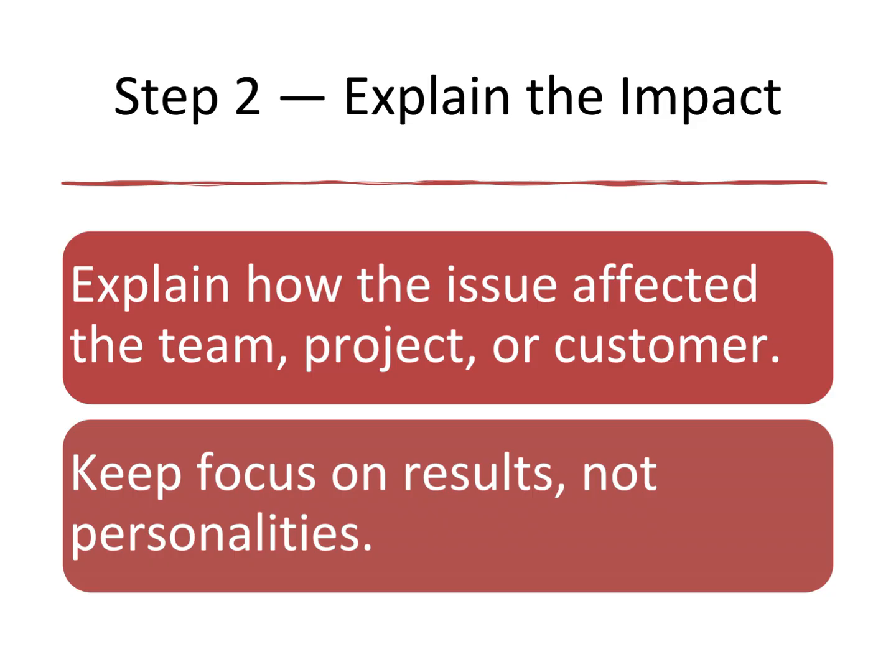First, I want to emphasize how the issue has affected the team, project, or customer. As stated before, this provides clarity and context, helping everyone understand why the issue needs to be addressed.